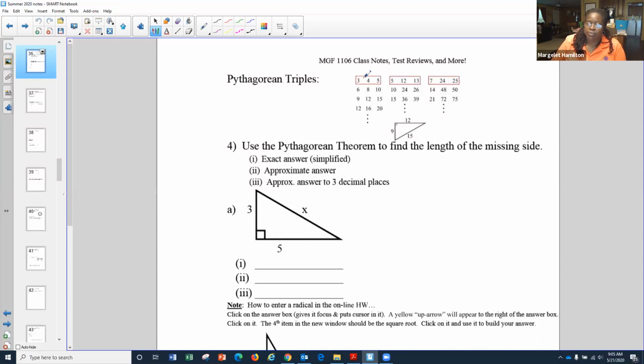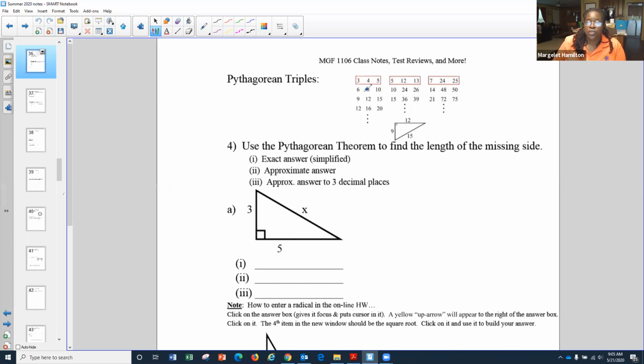What is it saying? Relating to our formula, A squared plus B squared equals C squared, 3 squared plus 4 squared equals 5 squared. When you see one leg is 3, one leg is 4, then automatically you'll know that the hypotenuse is 5.